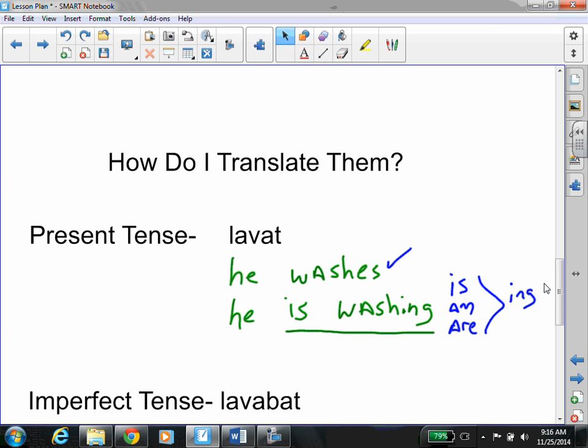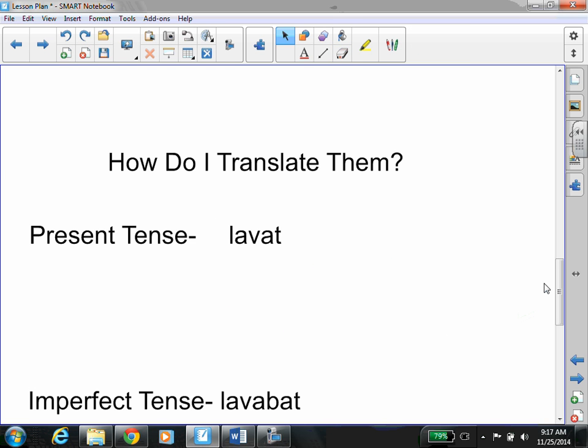So if I have lawas and you as the subject, I would have you are washing. So let's see if that works out for me here. I have he. I have to use is, am, or are to create the present progressive.